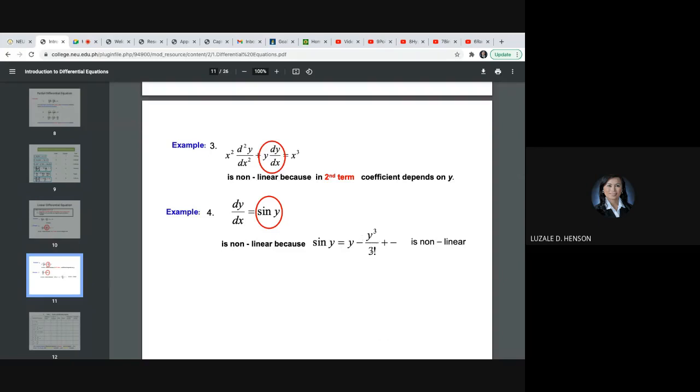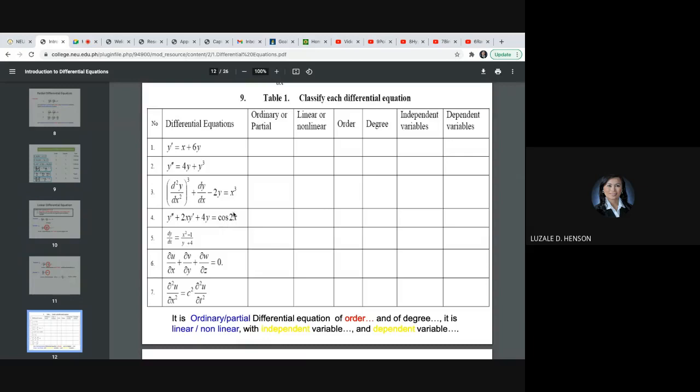So y minus y cubed over 3 factorial plus. This is non-linear. This is not unidirectional. So this is non-linear. It involves the y. However, in this case, it doesn't involve the y. It involves the x. So it is linear. Okay? Is it clear, class? Okay, ma'am.